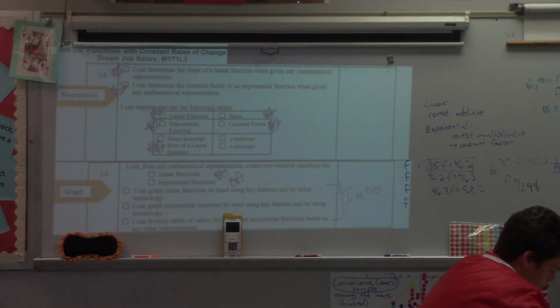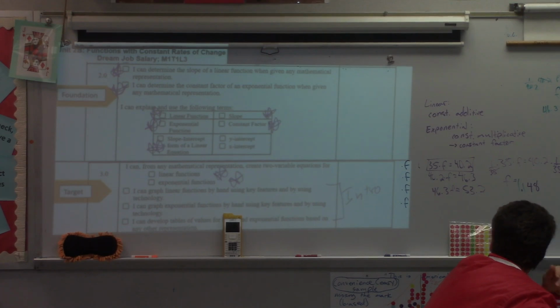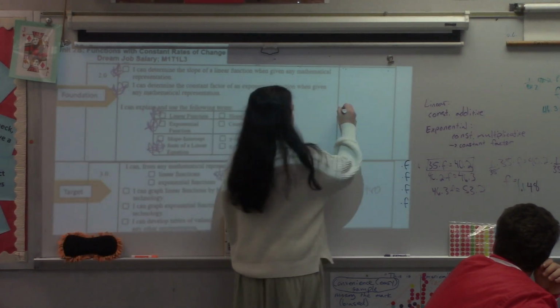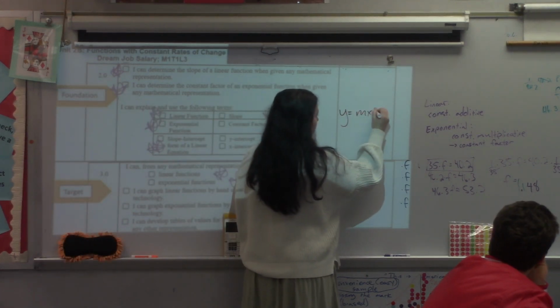What's slope? Rise over run. What is y equals mx plus b? What's that whole equation? Y equals mx plus b.